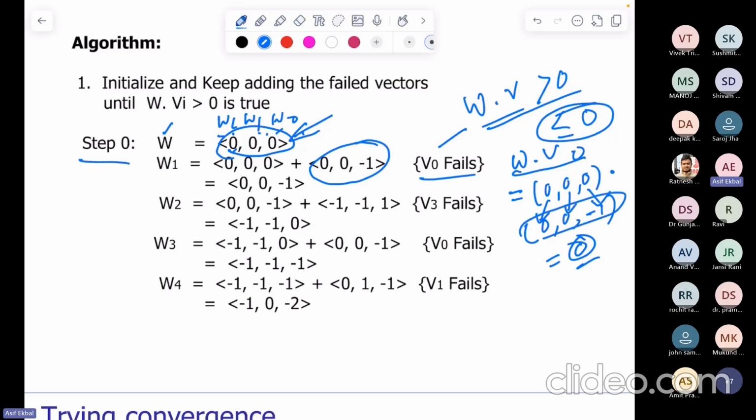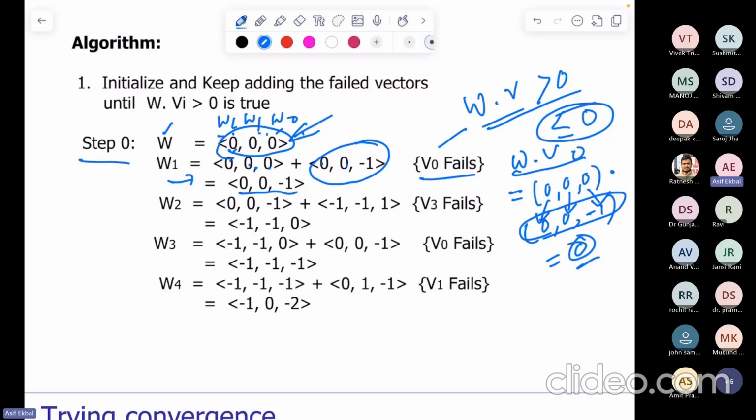This was the input vector for which it has failed. So we add these two things, element-wise addition: 0 plus 0, 0 plus 0, 0 plus -1, so it will be 0 0 -1. So that becomes your modified weight.